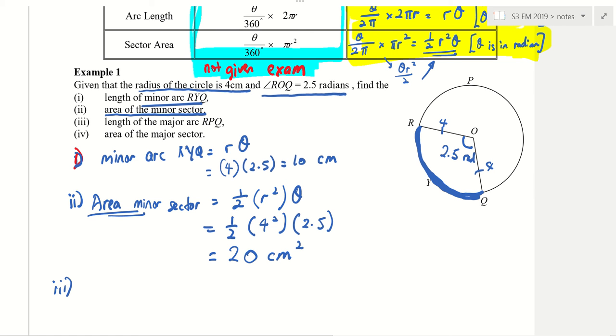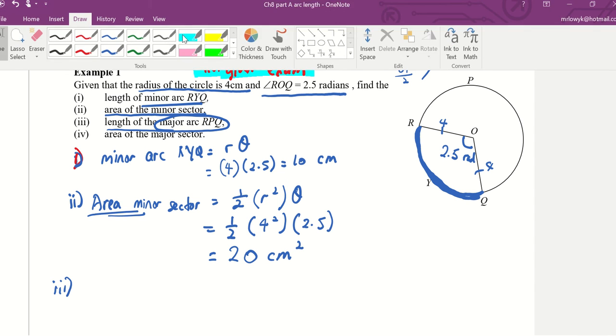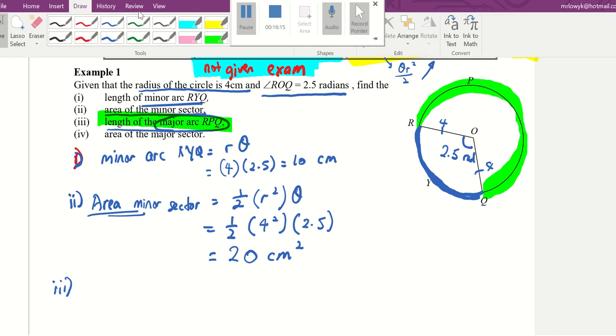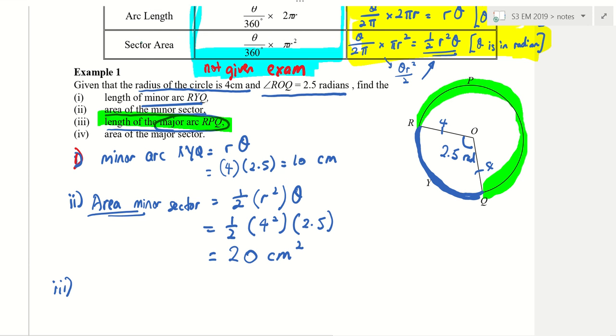The length of major arc. Length of major arc refers to the bigger one. Now, how do I find the bigger one? I have to find the bigger angle. Do you agree? Now, how do I find angle ROQ? 2 pi minus 2.5.